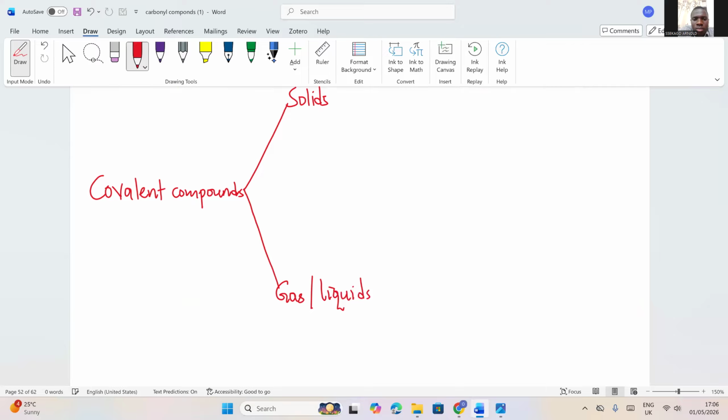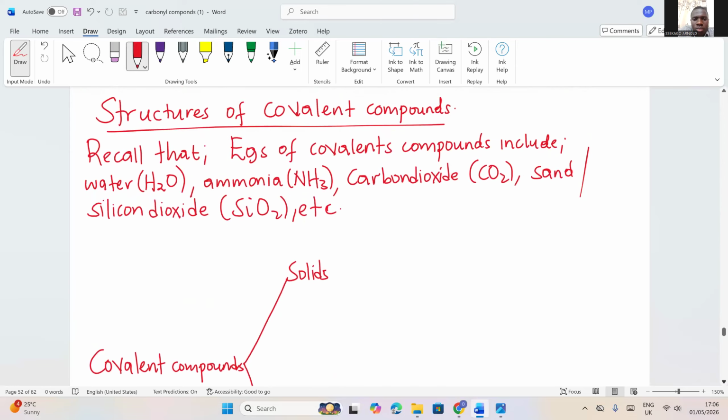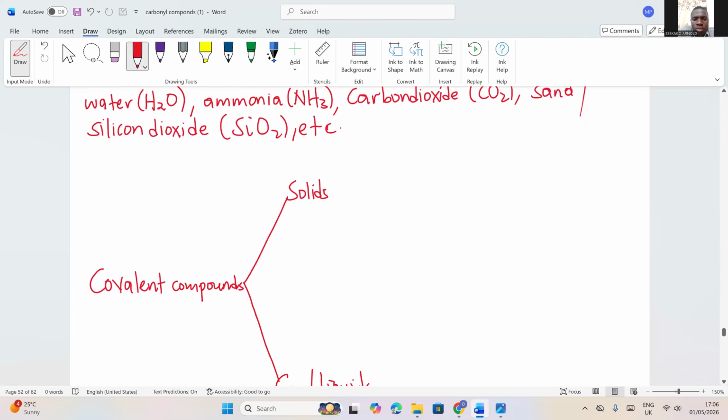Kindly make this chart, this tree diagram which I'm trying to make. Covalent compounds can be solids, like which one? Like sand. Which other one? Diamond. Diamond has carbon atoms, which are non-metals. Graphite.